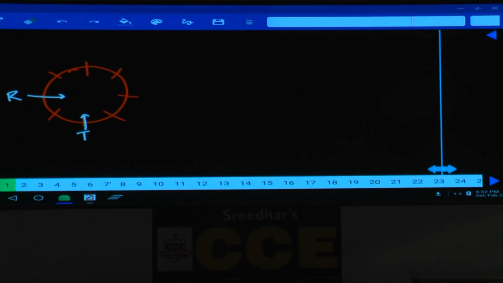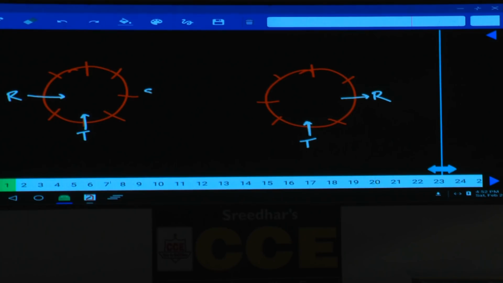The second possibility, 8 persons, 1, 2, 3, 4, 5, 6, 7, 8. Now T is facing the center, clearly given, hence I am fixing this T at this place. If T is here, R can be here. T sits second to the right of R. In the second case, R will be away from the center.